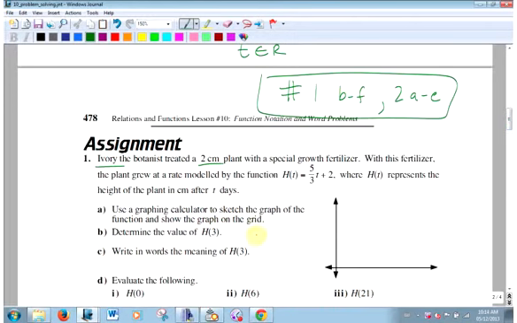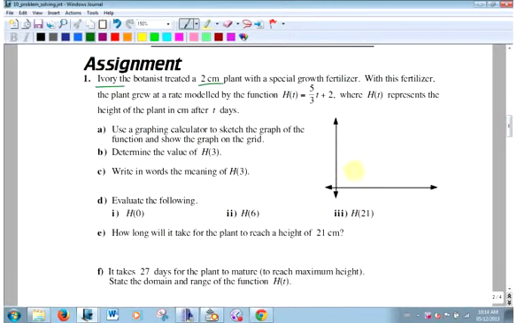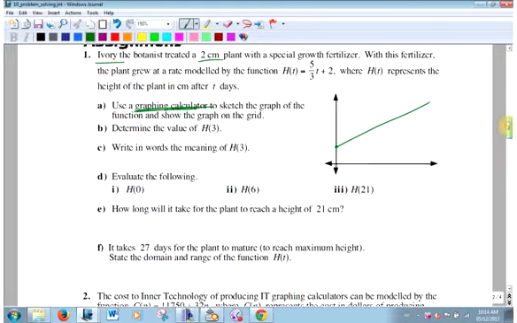Think, it's a plant. Do they get bigger as time goes on, or is it like my wife and they die and the graph looks like that? I think in this example, it's going to start at some height and grow. So just draw that. You guys don't have a graphing calculator, so just do that. That's what that graph's going to look like.